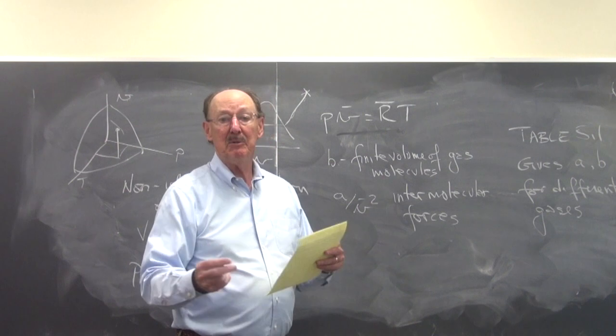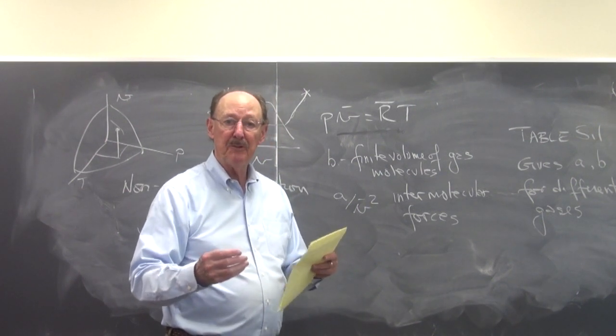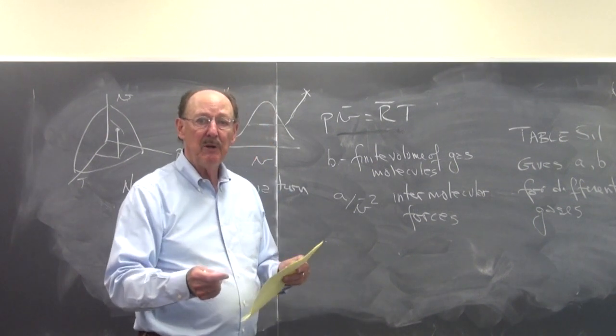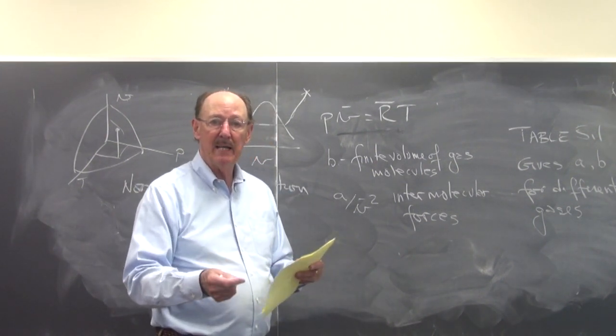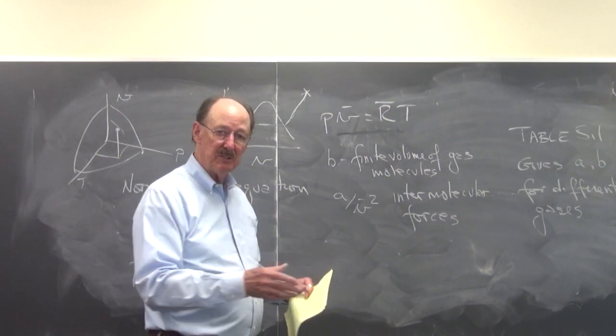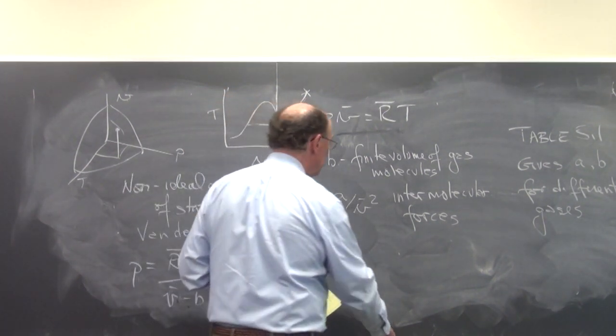And so I need to be able to look them up in any case. So I sort of have this problem: I have to look things up to find A and B. There'll be other ways that we're going to look at to model actual gas equations of state besides this, but it does require that I look things up.